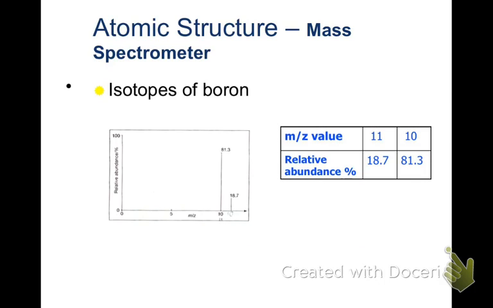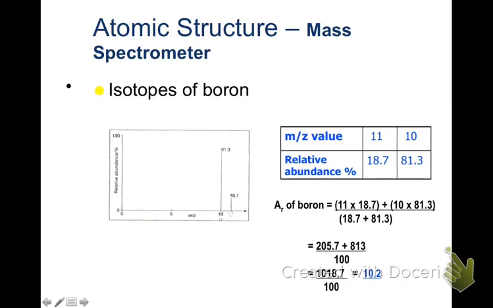From those isotopes, we can get the relative abundance by reading off the scale. Sometimes it's also given on top of the peak. The mass to charge value is given as well. That would be this 11 and 12 that you see here.